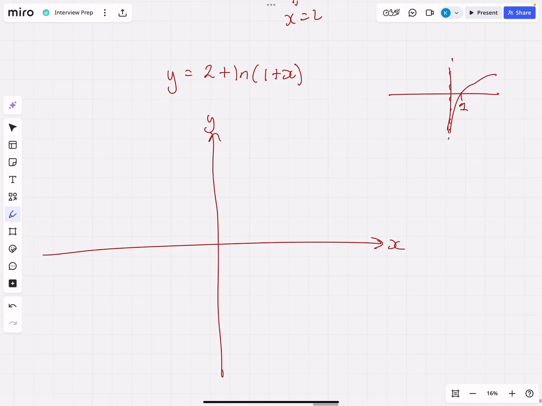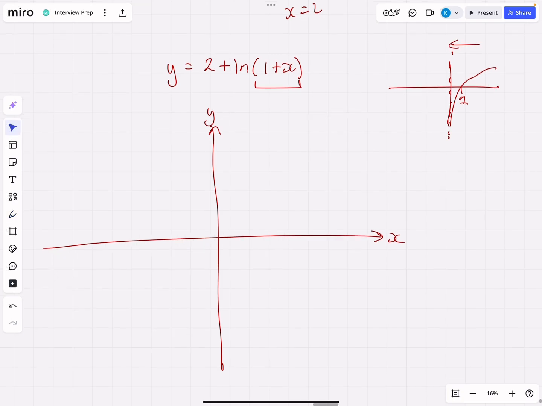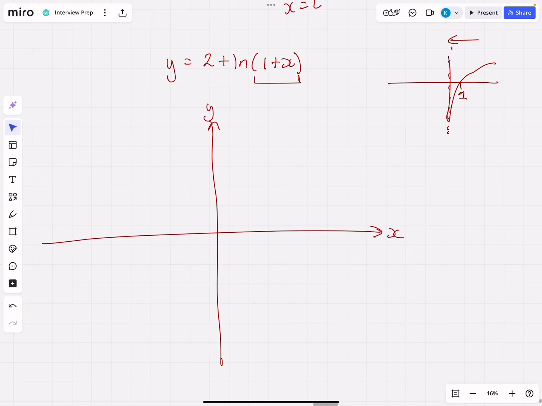I know I have a vertical asymptote at x equals 0. So if I shift it by 1, that means my graph's going to get shifted 1 unit to the left, right? So I'm going to have a vertical asymptote here at x equals -1.